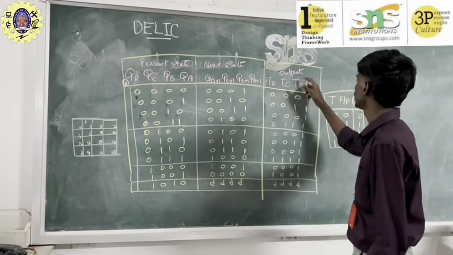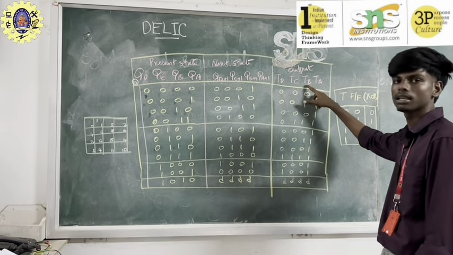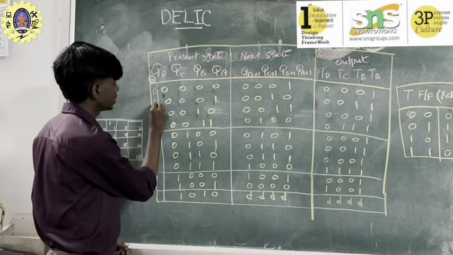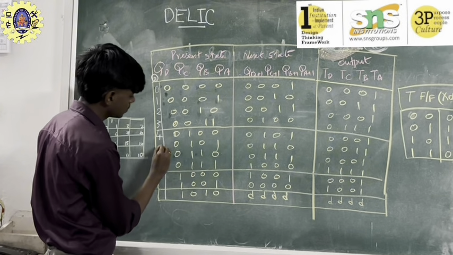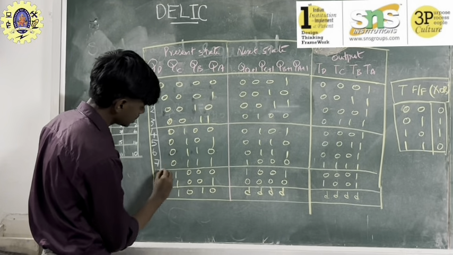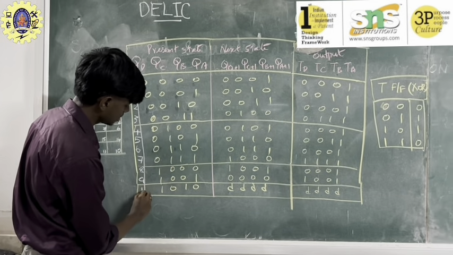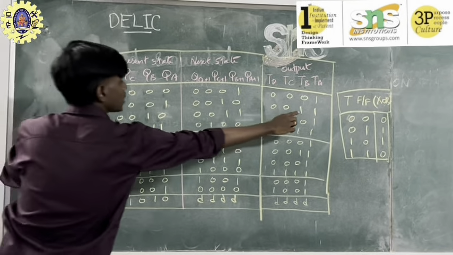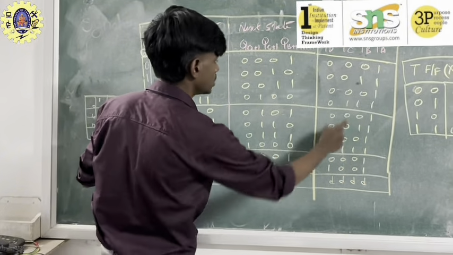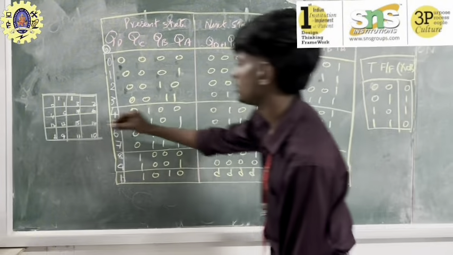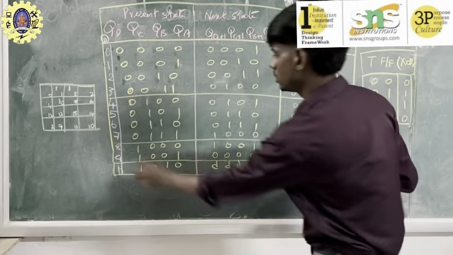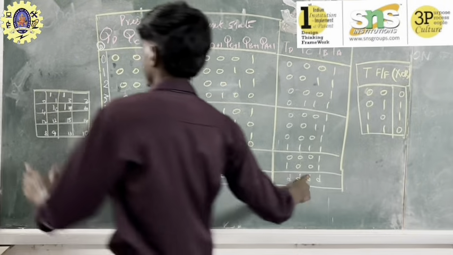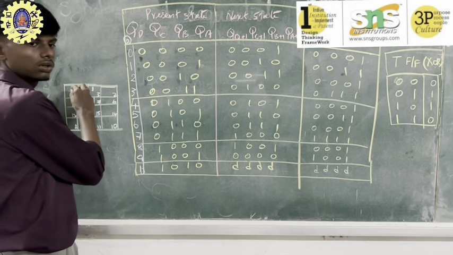When we see the output table, for TB, the decimal values are 0, 1, 2, 3, 4, 5, 6, 7, 8, 9, 10. TB equals 1 for some values, and the seventh also. The remaining values are don't cares, and the other places are put as 0.